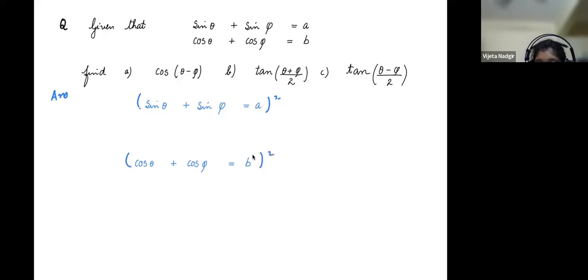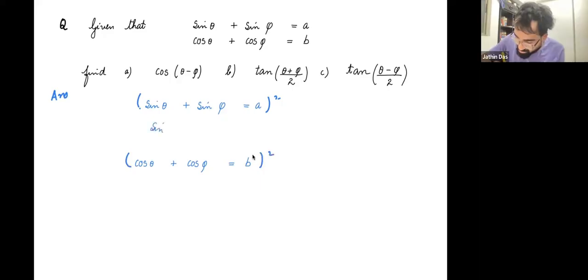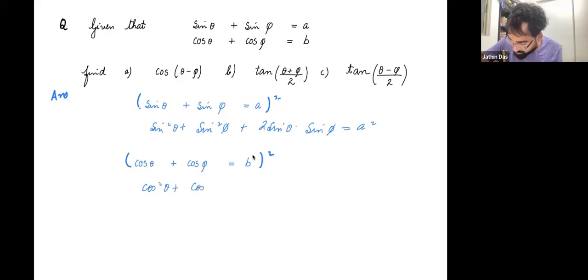So here it will be sine square theta plus sine square phi plus 2 sine theta sine phi is equal to a square. Here you will get cos square theta plus cos square phi plus 2 cos theta cos phi is equal to b square.